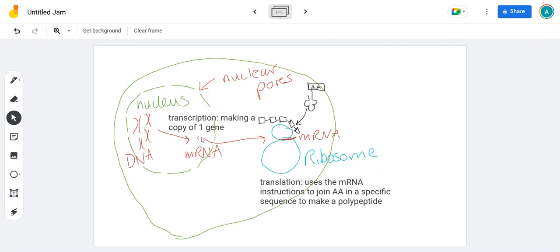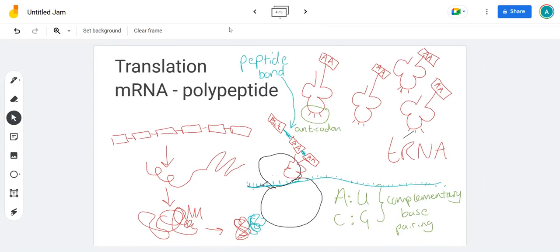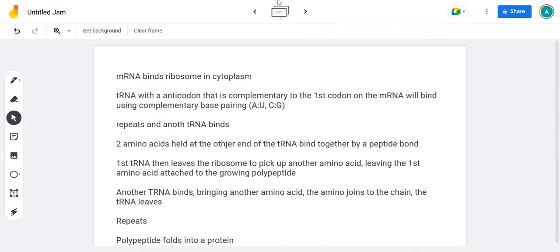And the mRNA that we make is small enough to fit out through the nuclear pore, go to the ribosome, where it's used as a set of instructions to join together amino acids to make a protein. And then we've gone through the details of how the DNA is used as instructions to make an mRNA, and then translation, how the mRNA is used as instructions to make the polypeptide. Okay, that's the end.